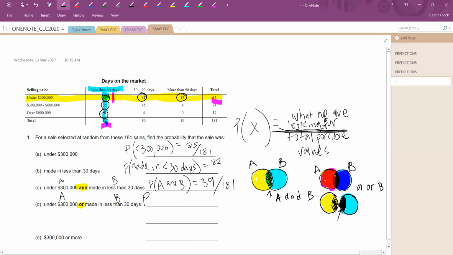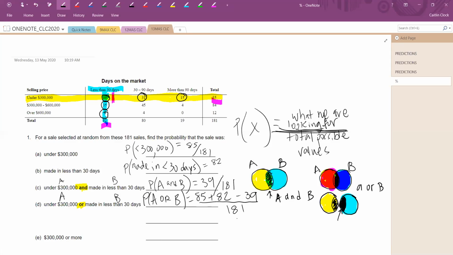So the probability of A or B is going to be 85 plus 82 minus 39 over 181. That gives me 128 over 181.